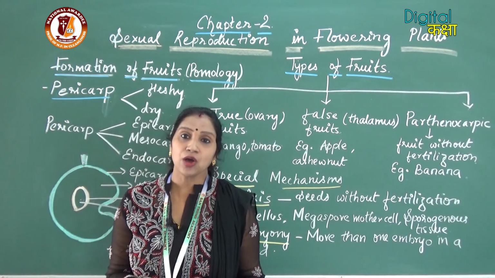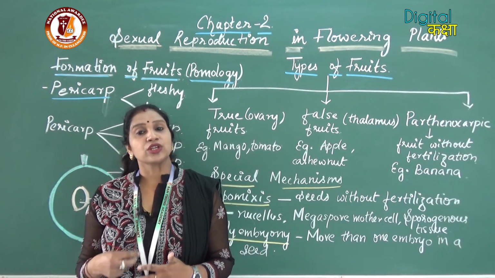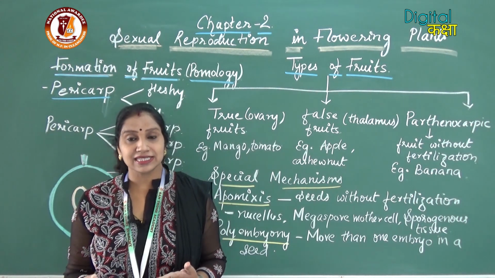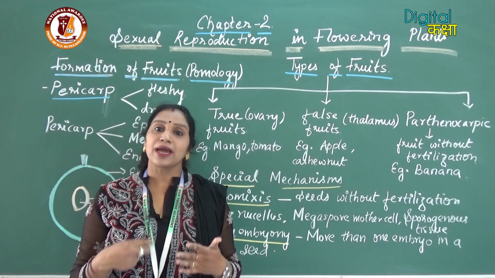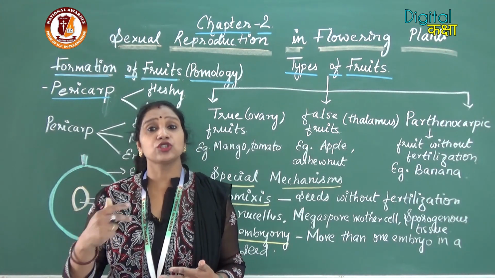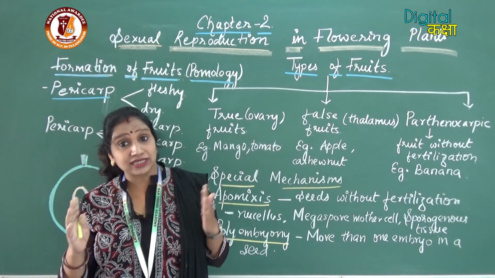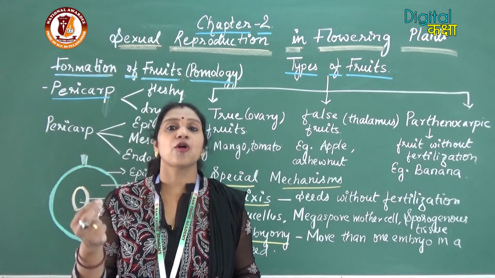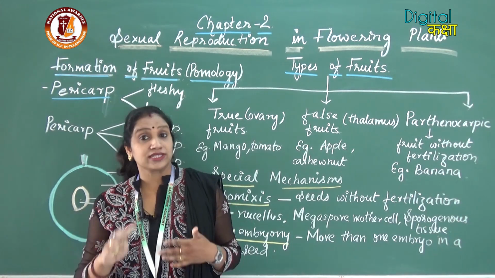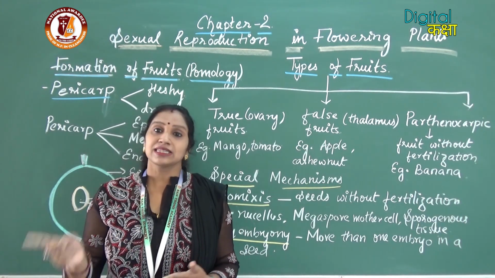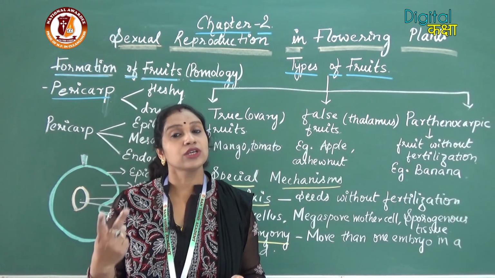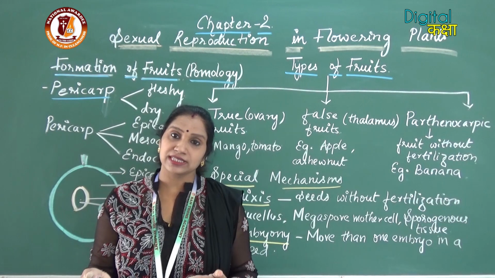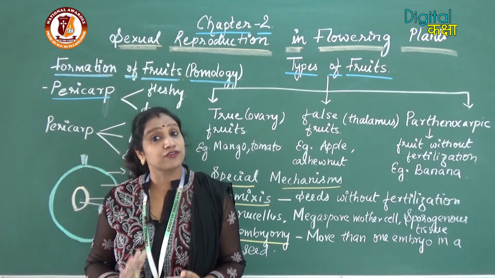Now let us see how this polyembryony occurs. You know that the zygote is single celled, it will divide by mitosis to form the two-celled stage. Now at this point what happens, the two cells independently form the embryo. Or sometimes it happens like that, the zygote divides to form two cells and then the two cells again undergo mitotic cell division to form the four cells.